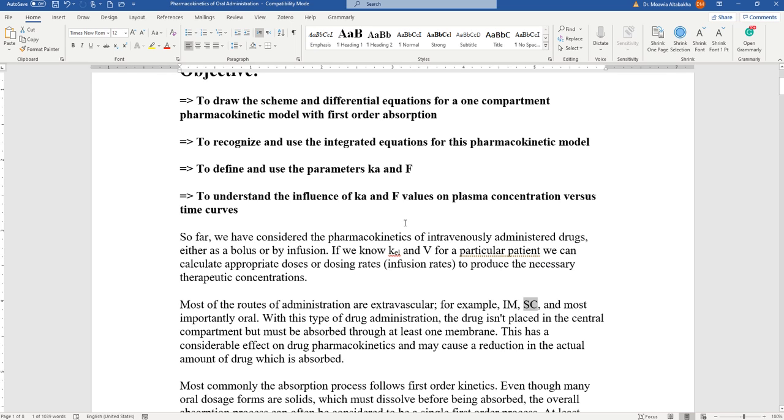In pharmacokinetics, we consider it as multiple dose administration. Again, this is very important. The IV infusion, when we deal with it in pharmacokinetics, we consider it as multiple dose administration.